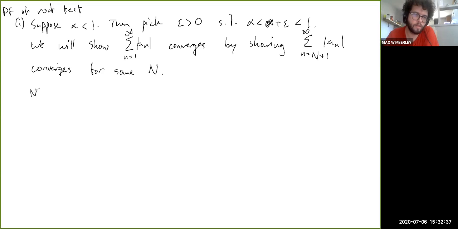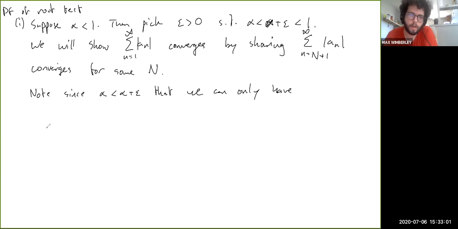So note, since alpha is less than alpha plus epsilon, we've seen this before. The book kind of explains this in a slightly more convoluted way, but we've seen this a number of times by now, that we can only have the absolute value of an to the 1 over n being bigger than or equal to alpha plus epsilon for finitely many values of n.